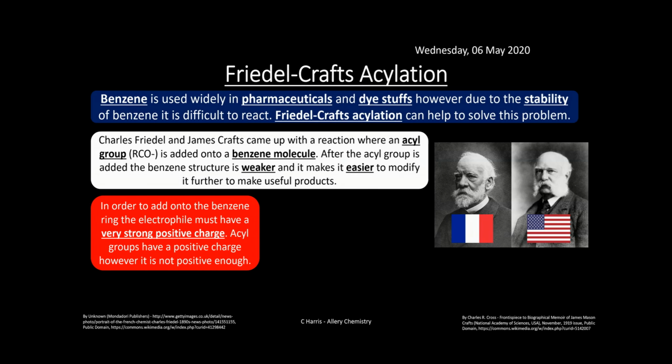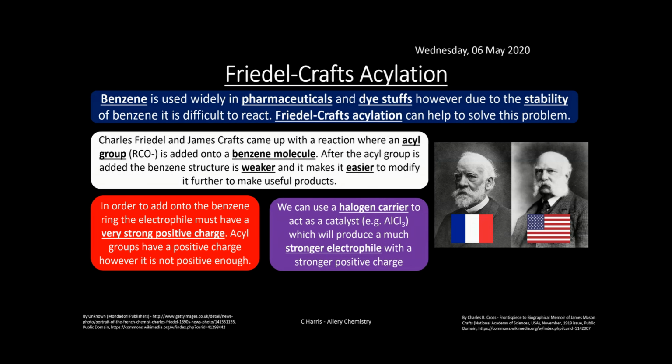So in order to get onto the benzene ring, the electrophile must have a very, very strong positive charge. It's no good just having a delta positive, like we've seen with the bromine molecule. We must have a really strong positive charge here, because if we're going to attack this ring, we need something that is really, really powerful. Now, acyl groups have a positive charge already because they have that delta negative, delta positive interaction with the carbon and the oxygen. However, it's nowhere near positive enough.